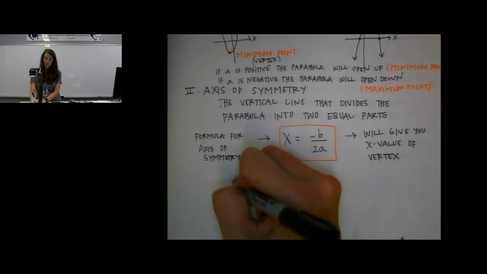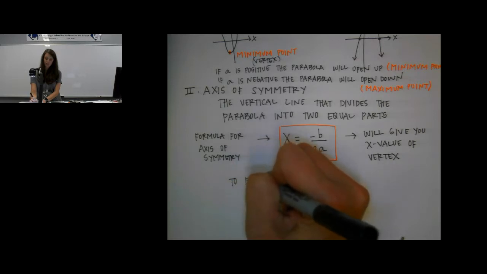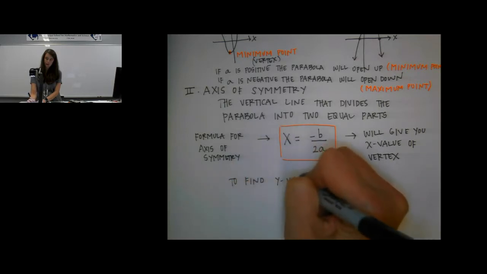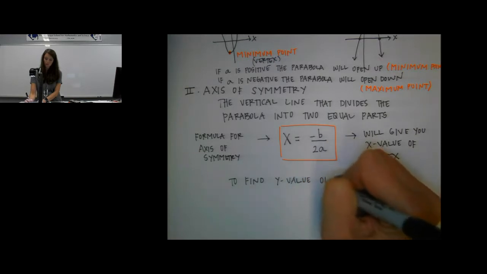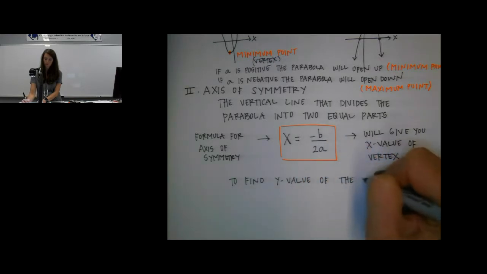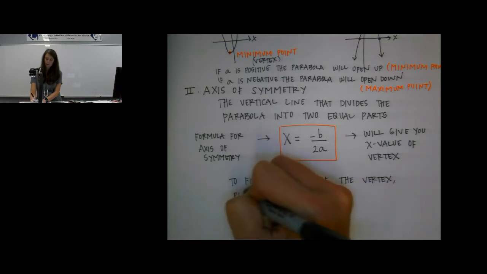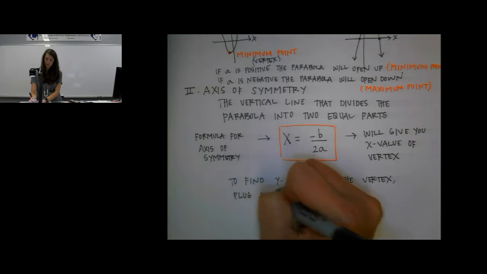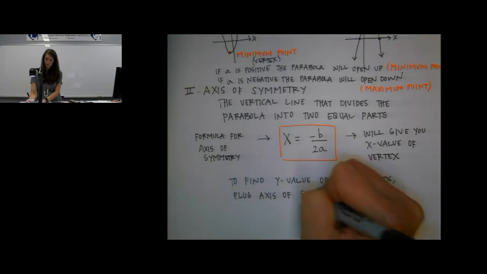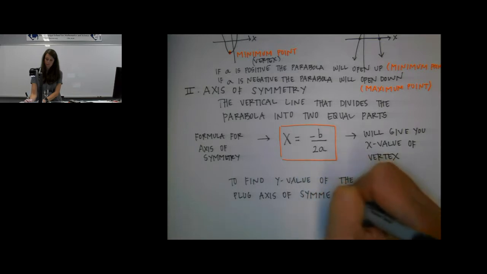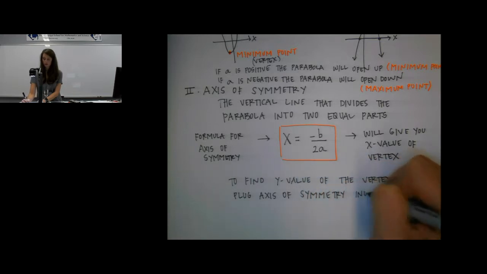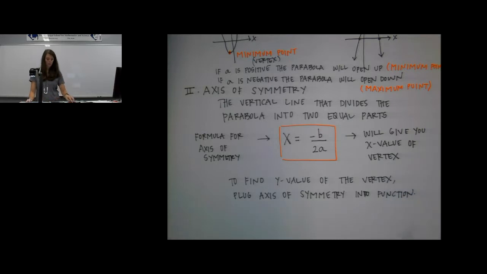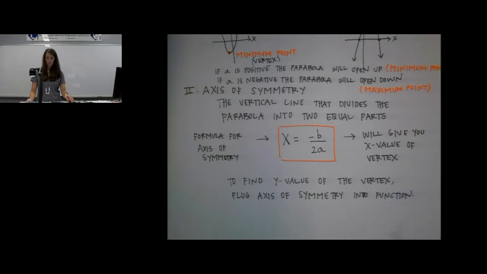So to find the y value of the vertex, plug the axis of symmetry into the function.